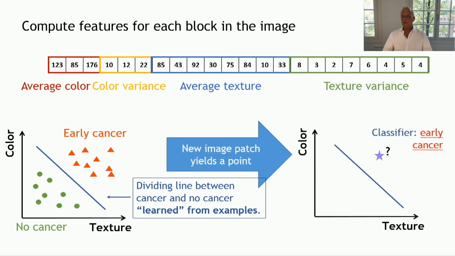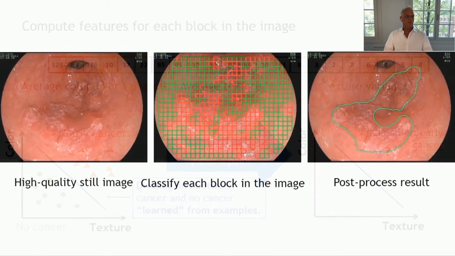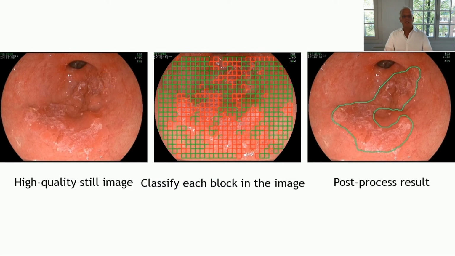An image with this type of texture and this type of color would then be classified as an early cancer. This would then be a new image on which the algorithm would take all of these blocks, tell us which of these blocks are normal and which of these blocks are likely to be neoplastic, and then post-process this into a delineation, as you can see on the right-hand image.